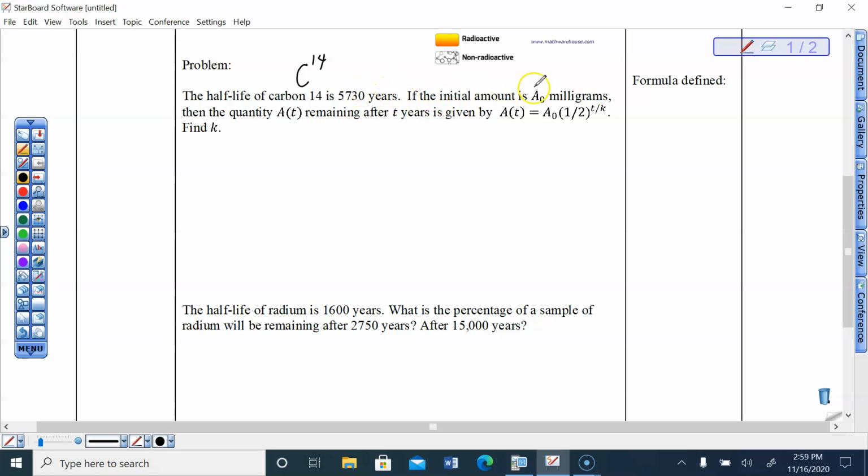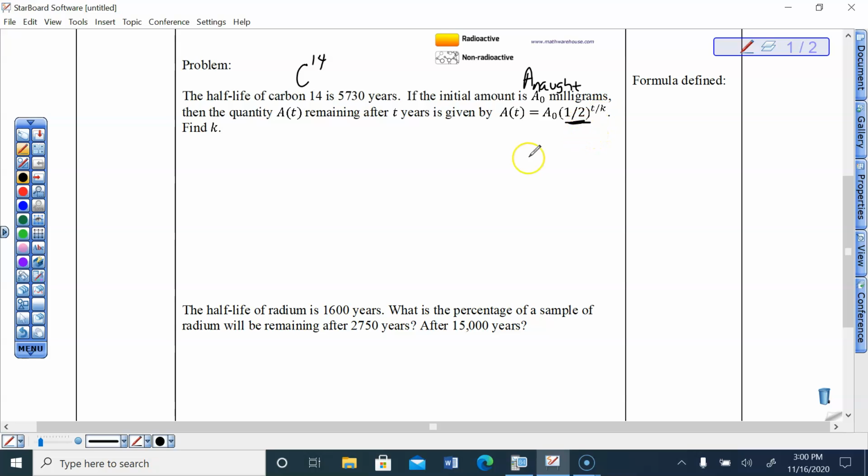If the initial amount is A0 milligrams, meaning that's your starting amount, then the quantity A of T, the amount remaining after T years, is given by the formula A of T equals A0 times 1/2, so your base is 1/2, this is a half-life, raised to the T divided by K. Find K.